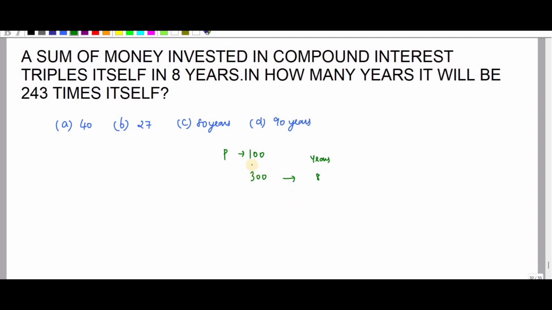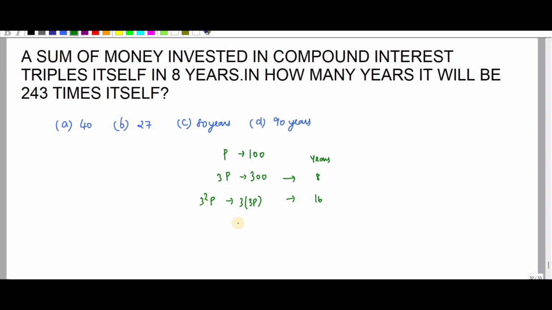So it is 3 times my principal amount in 8 years. After another 8 years, it becomes 3 into 3 times the principal amount, that is nothing but 3 square of P.